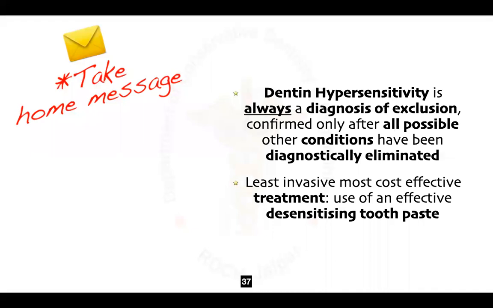In short, you have to eliminate any caries, any fracture, any bone loss, any periodontal issue which is affecting the tooth, and only by excluding criteria can you actually manage dentin hypersensitivity.